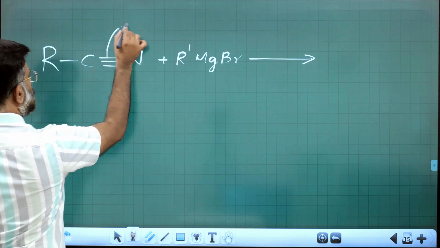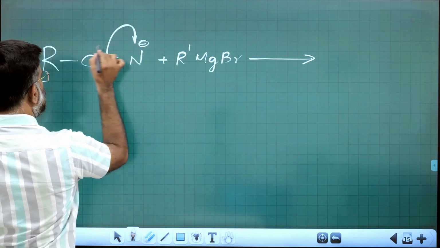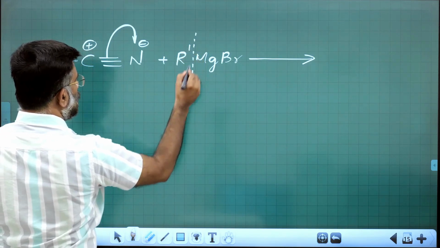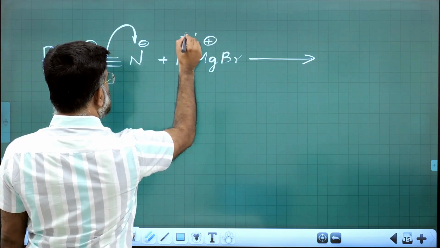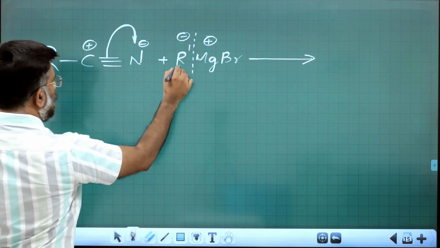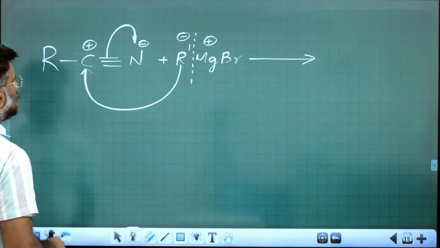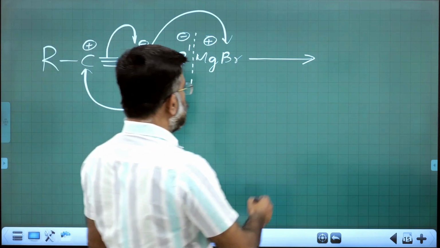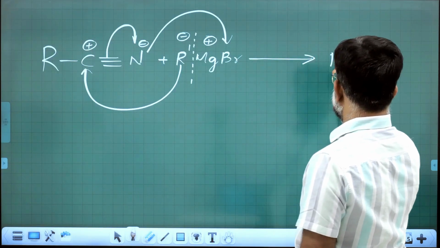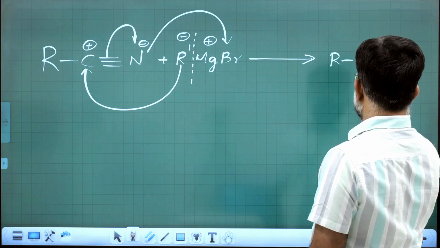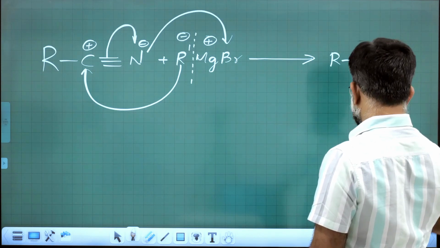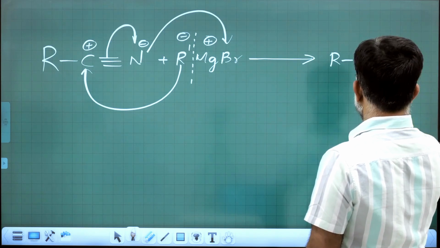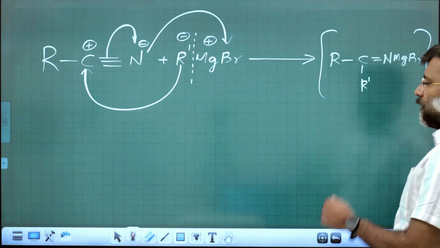CN polarizes as N minus and C plus. Here it breaks as Mg plus and R dash minus. R dash minus connects to this carbon and N minus connects to Mg. You get the addition product R, C, R dash, double bond, N, MgBr. This is the addition product you get.